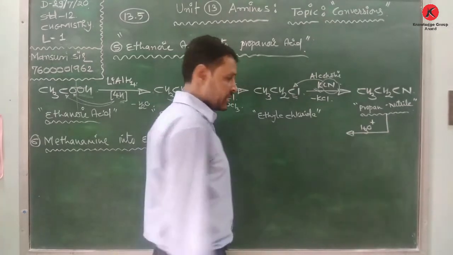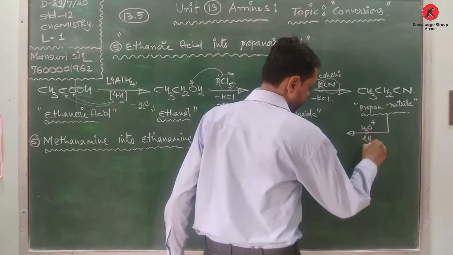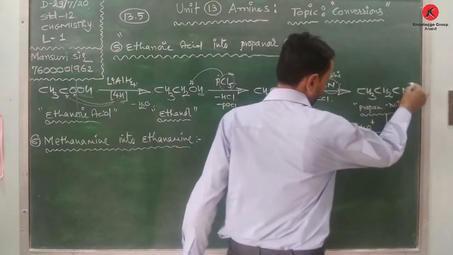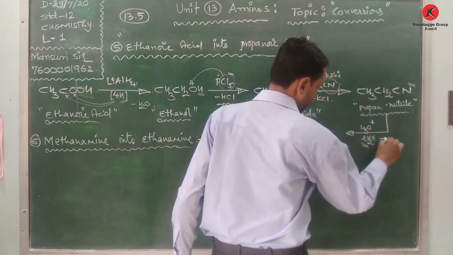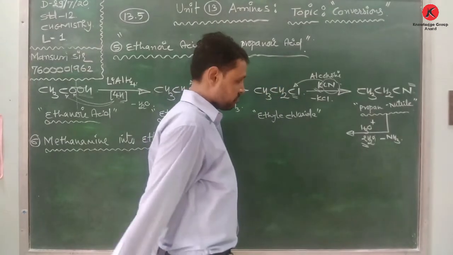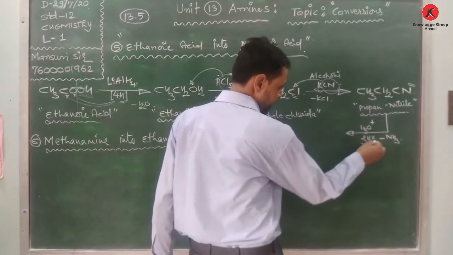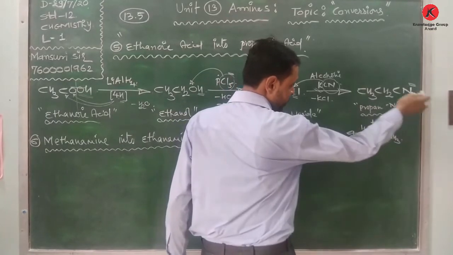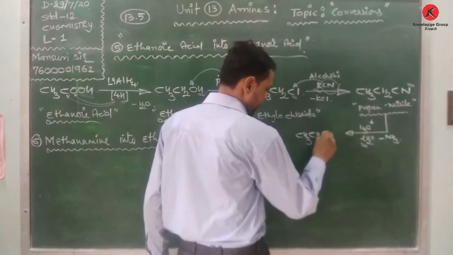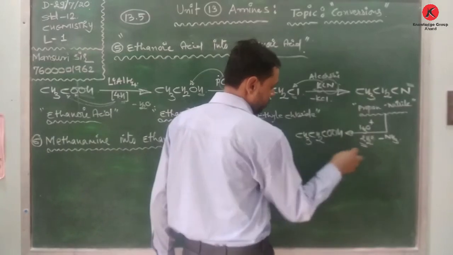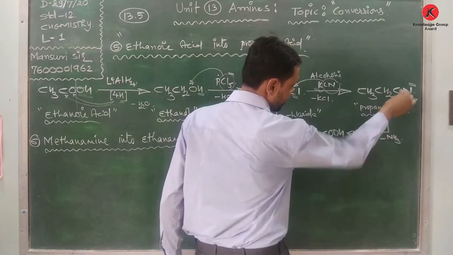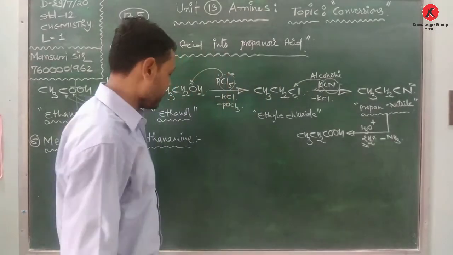By hydrolysis, water molecules are added over this side, so nitrogen will take 3 hydrogen and form ammonia, and thereafter 2 oxygen and 1 hydrogen will go toward this carbon, so CH3CH2COOH. So this is my propanoic acid.